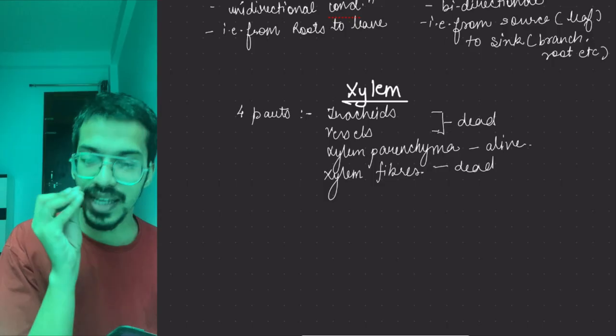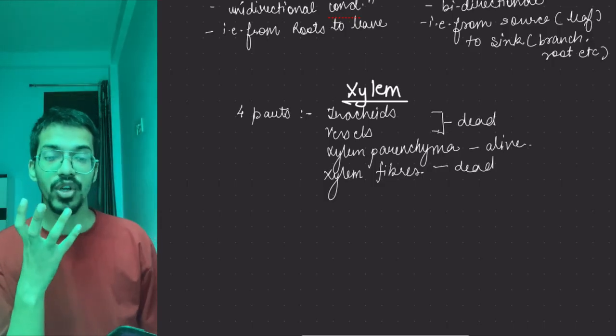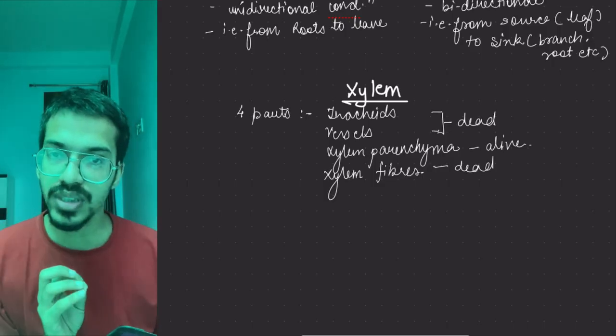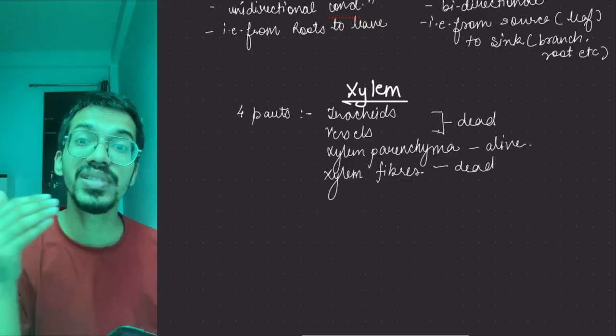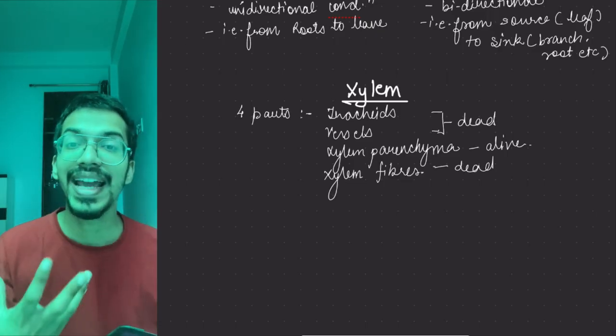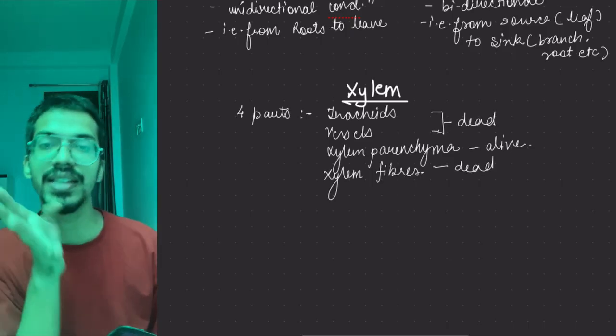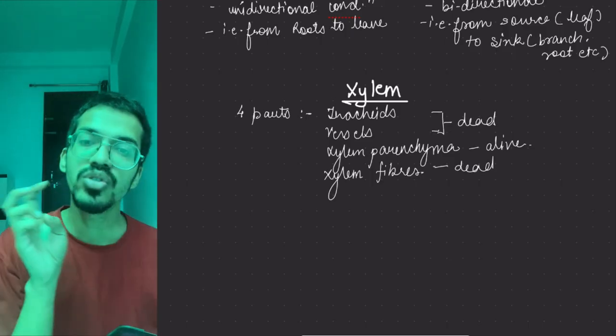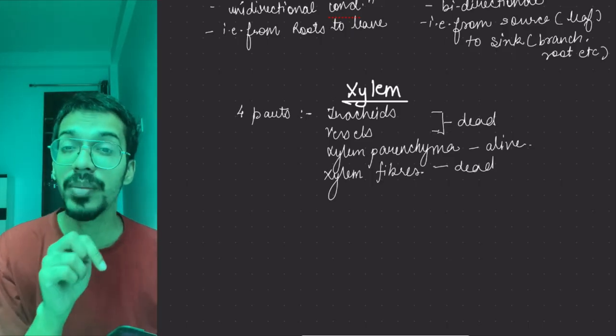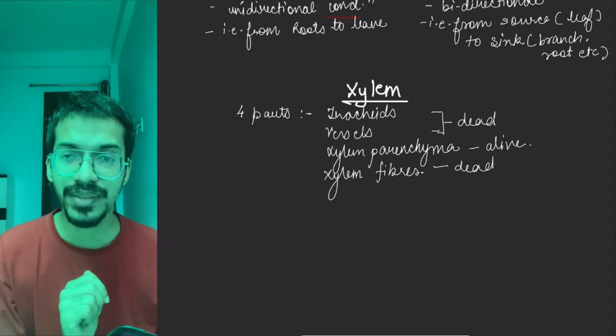Now we are talking about angiosperms, means flowering plants. All four of these are present, but not from the initial points. Certain xylem will form first and certain will form later on. So xylem is also of two types, if you remember the permanent tissue: primary xylem or secondary xylem.